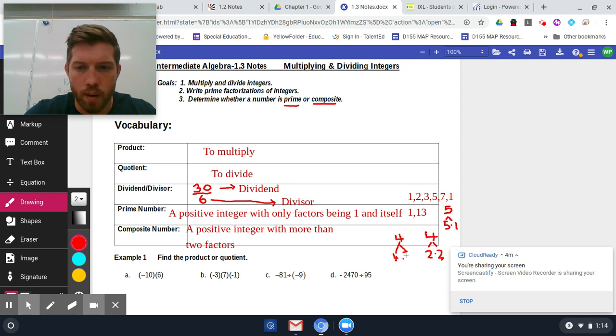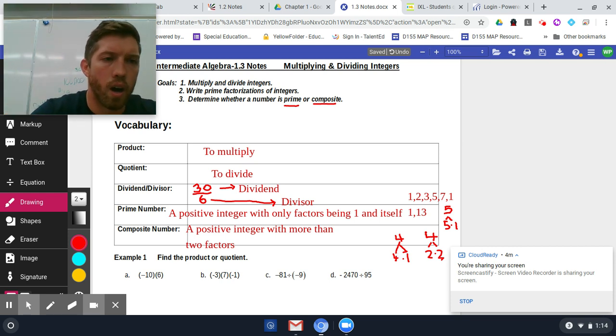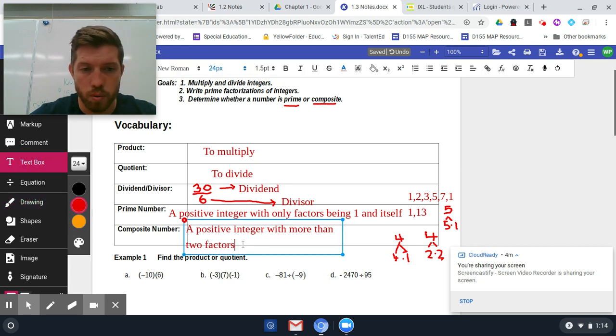So that's more than one way. So when you roll 2 dice, we'll get to that later. So a positive integer with more than two factors. We're going to go ahead and write a few more of those out. So some other integers would be like the number 15.